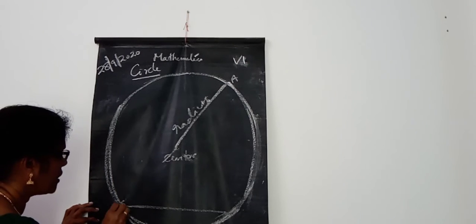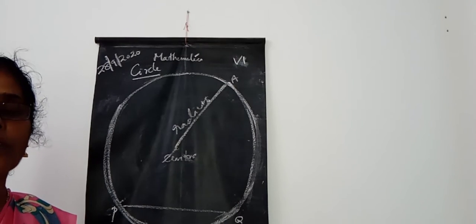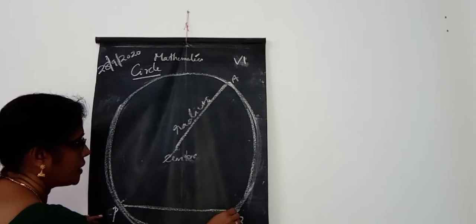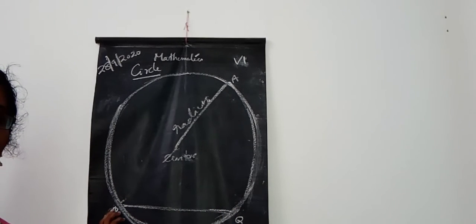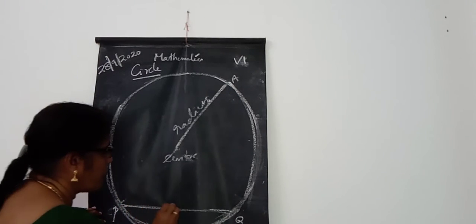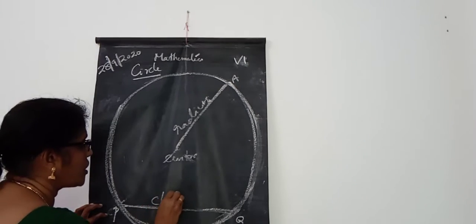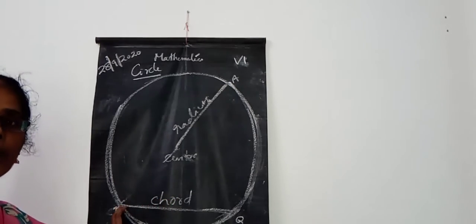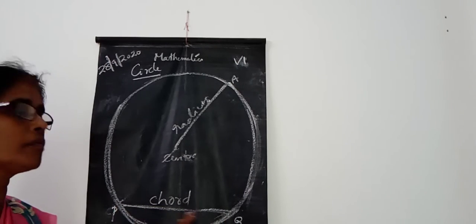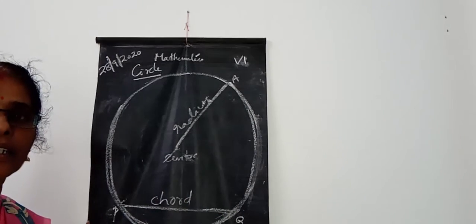Look here, this one is P and this one is Q. P and Q are the 2 points of the circle. If 2 points are joined with a line segment, that line segment we can call a chord, C-H-O-R-D. P, Q are the 2 points in a circle. If we join those points with a line segment, that line segment we can call a chord.